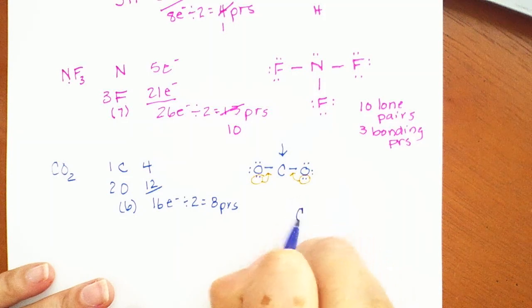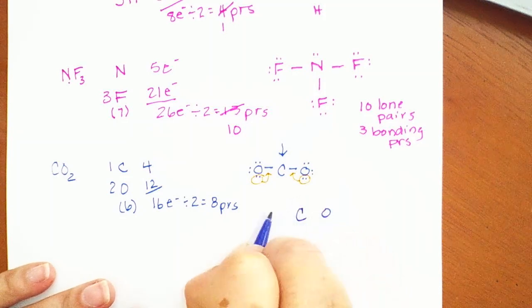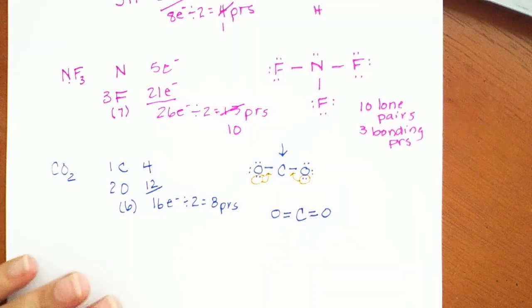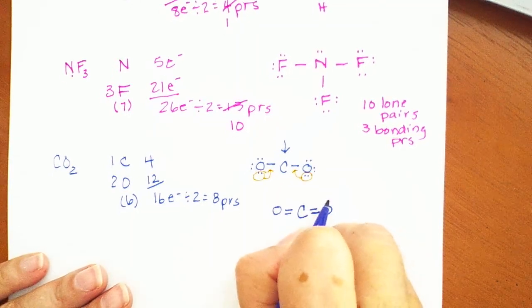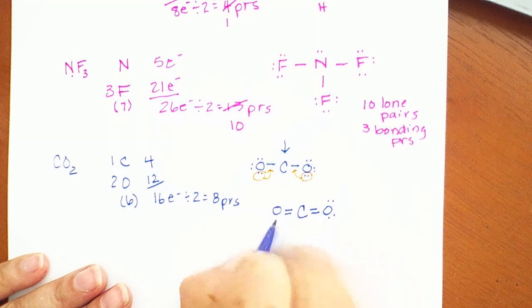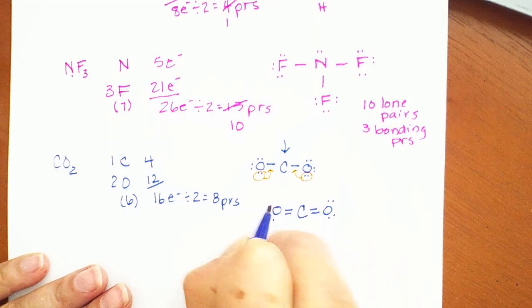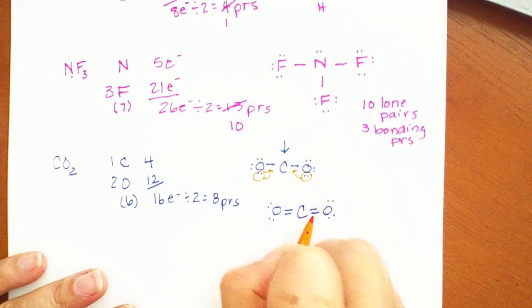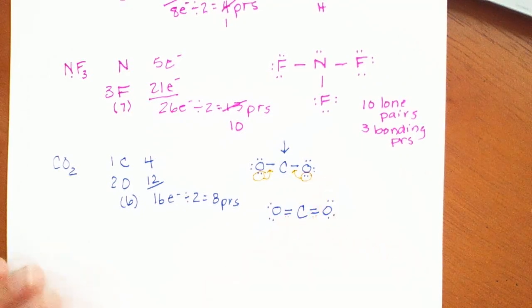So what we end up with is carbon and oxygens sharing those 2 pairs. And when they do that, oxygen now has access to 8 and carbon now has access to 8. Remember, each bond represents 2 electrons.